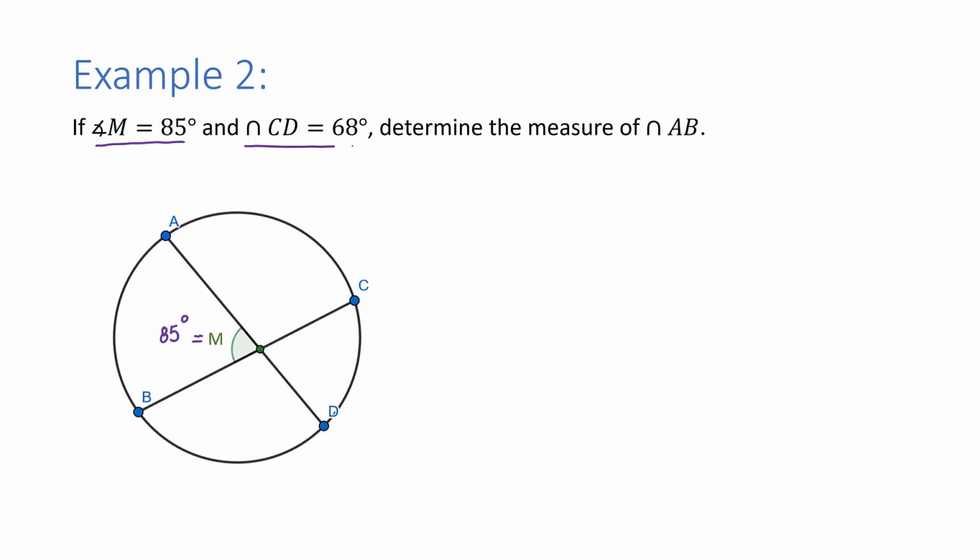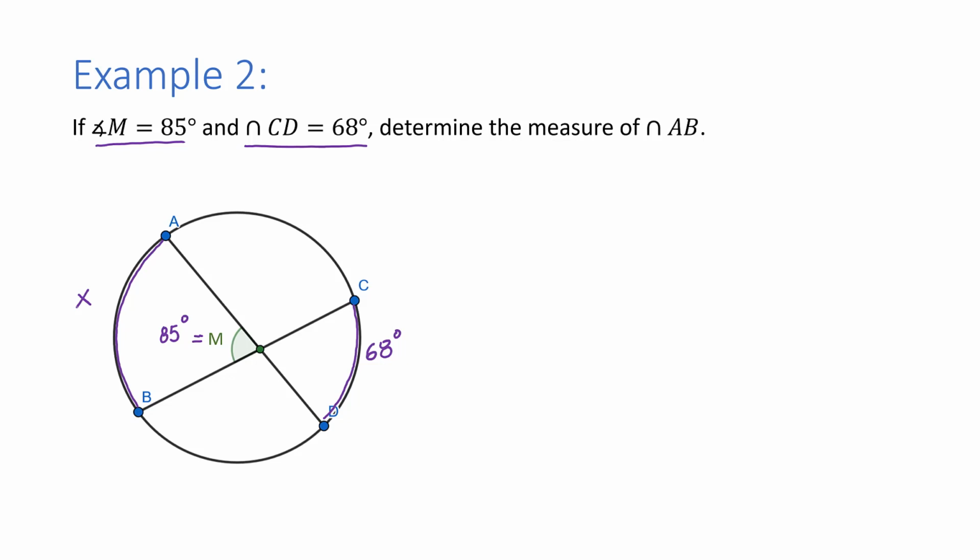Now arc CD is 68. This is arc CD, and it measures 68 degrees. Determine the measure of arc AB, this arc. It's the other intercepted arc. Let's name it X to write it like that in the formula.